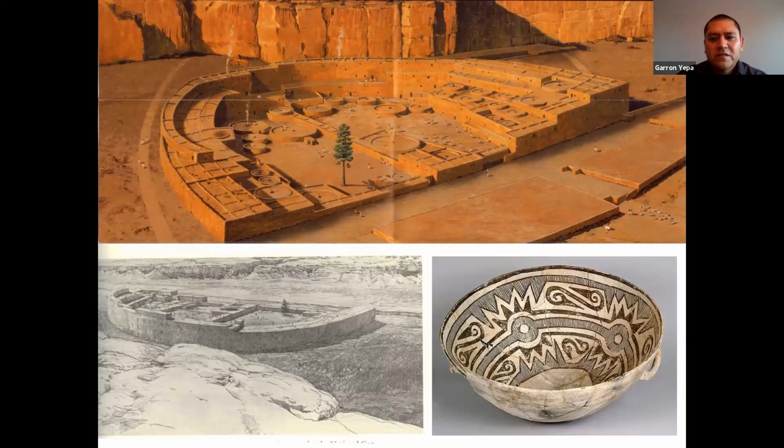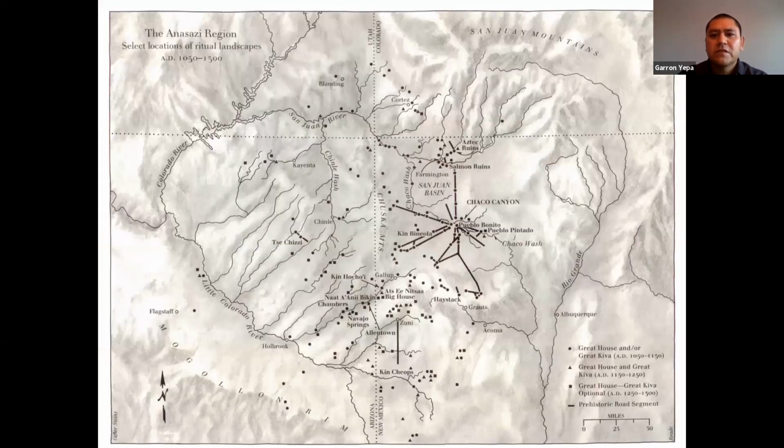There's an estimated population of about 5,000 during the gatherings of this great house. It took 200,000 roof beams from 40 up to 70 miles away to create the lumber for this construction. And it's contemporary with Palenque, a Mayan city in southern Mexico. If you're familiar, here are some artist renderings.